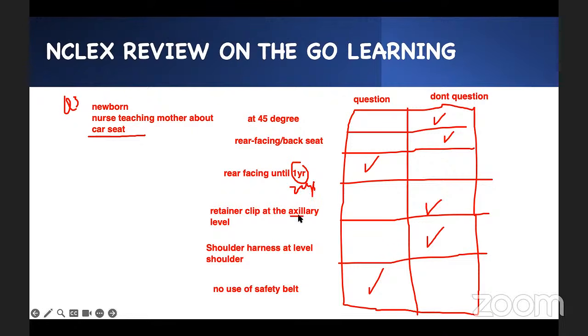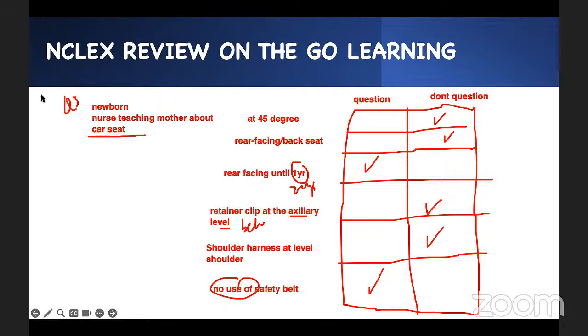The clip can be at the axillary level or below. The shoulder harness can do the same thing. And you need to use the safety belt, whether they are in the car seat or not. It's very, very important. That is the key for that question.